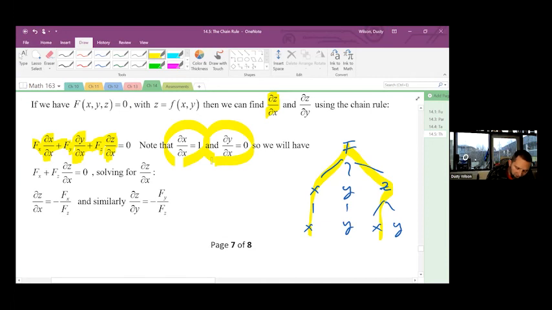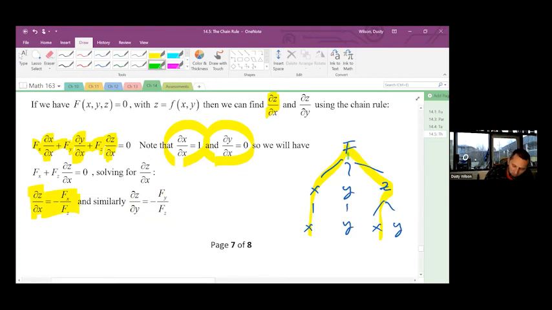You solve, and at the end of the day, the partial of z with respect to x equals minus the partial of f with respect to x over the partial of f with respect to z.